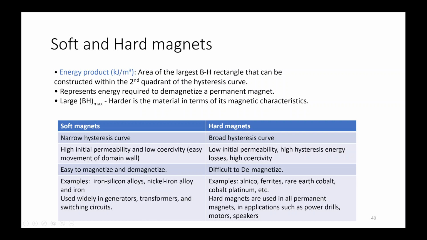These alloys are hard magnets. Hard magnets are used as permanent magnets in applications such as power drills, motors, speakers, etc.